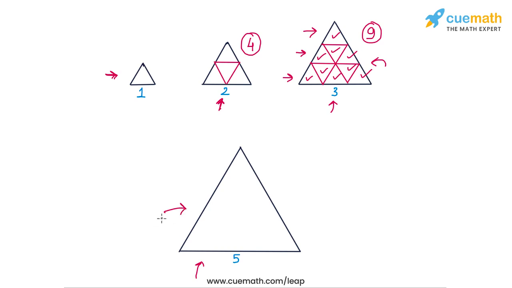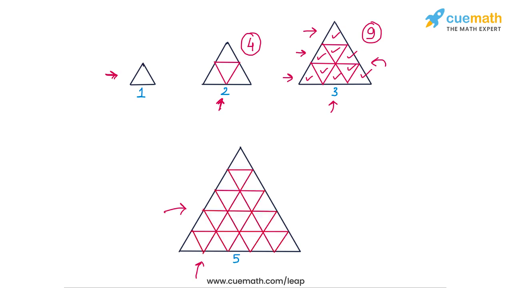How many triangles of side 1 do you think can be fit into this equilateral triangle? So now the pattern should be easy to observe. We can actually fit 25 equilateral triangles of side 1 in this equilateral triangle of side 5 in 5 rows like this, right? And if you count the triangles, you can find that these are exactly 25 triangles.